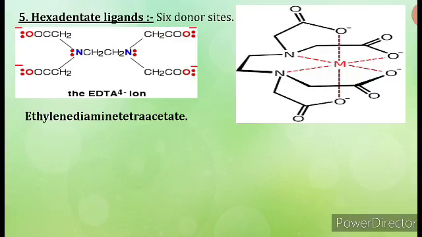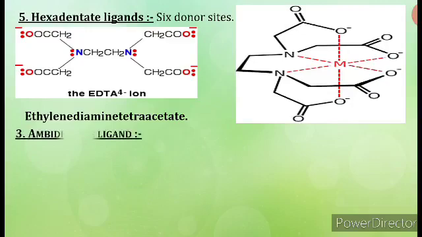Out of 2, only one can bind with the central metal atom. Both can't. Unlike bidentate ligand, in ambidentate ligand both donor atoms cannot bind simultaneously with one central metal atom. At a time, out of 2 donor atoms, only one can combine. Clear? So this is the basic difference between ambidentate ligand and bidentate ligand.